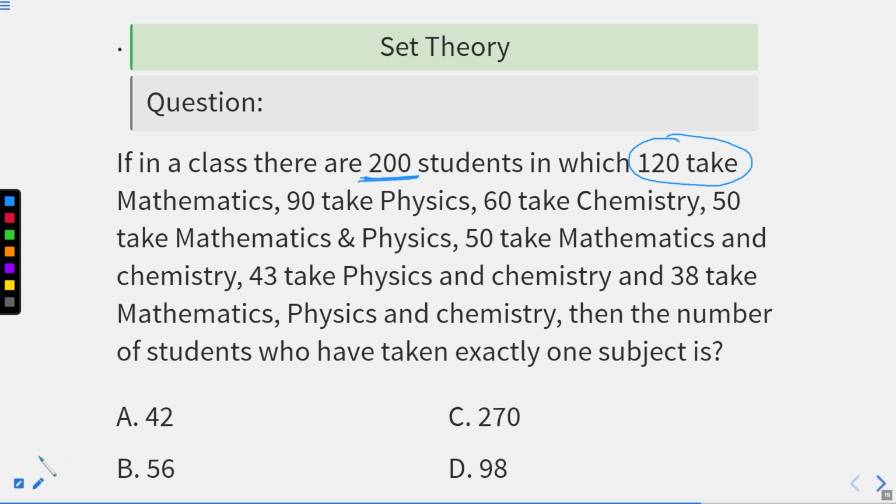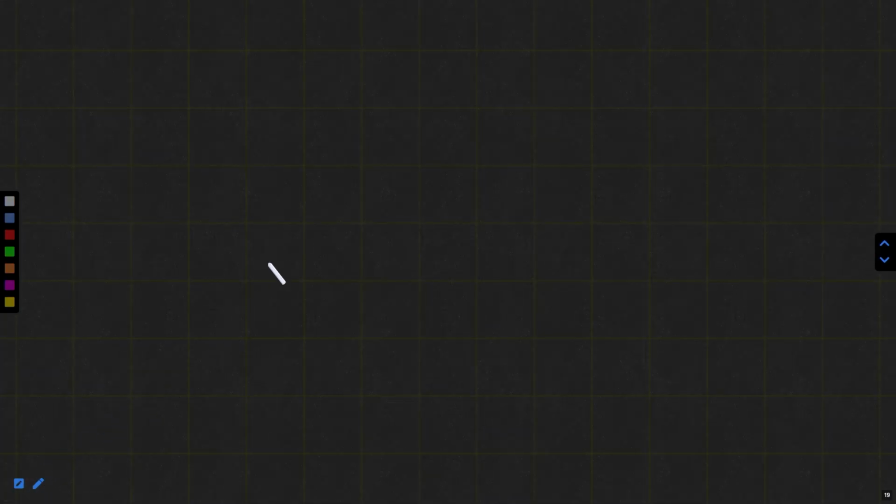First of all, let me show you how to approach these types of questions. Whenever you face such a question, always try the Venn diagram approach. The Venn diagram approach will reduce your calculation and effort.